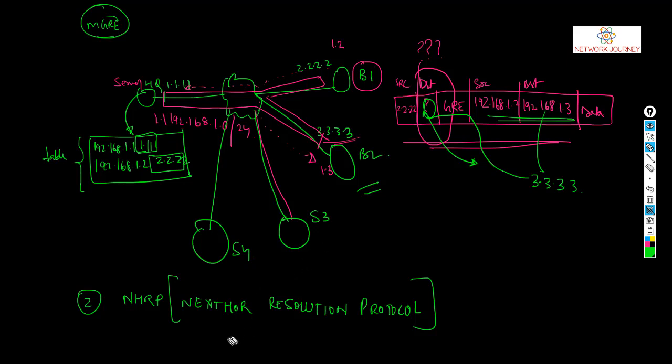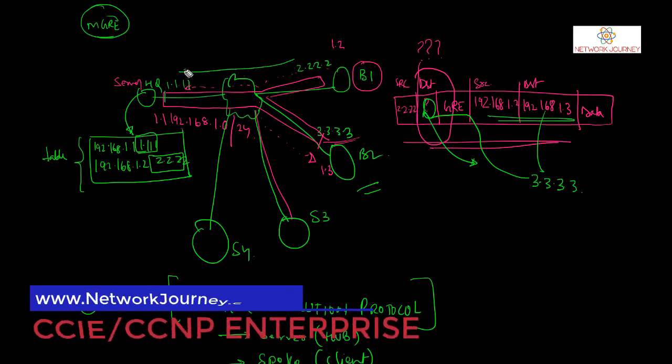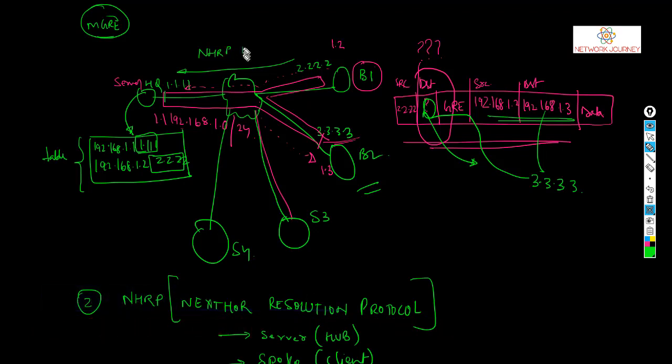So in the case of NHRP, one router will act as the server. Server is nothing but the hub. The rest of the routers will act as spokes, or I can also call them clients. What kind of packets are sent basically? There will be one packet sent to get the resolution, which we call the NHRP registration request.